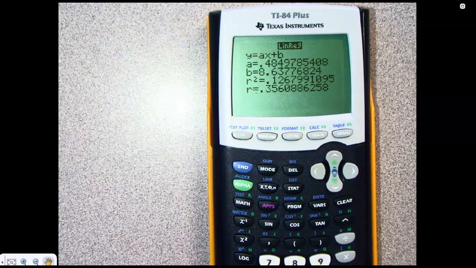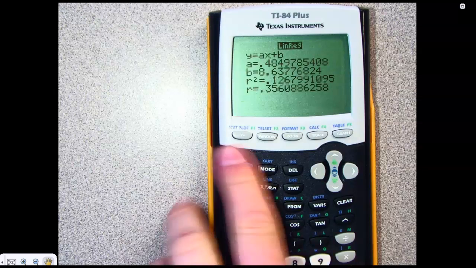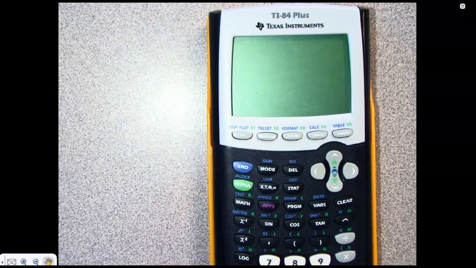Alright, so we're going to talk about R and R squared eventually. Today we're just worried about R. So R, if you want to get out your notes for a quick second, I'm just going to put up some examples here. R equals 1 would look like that.